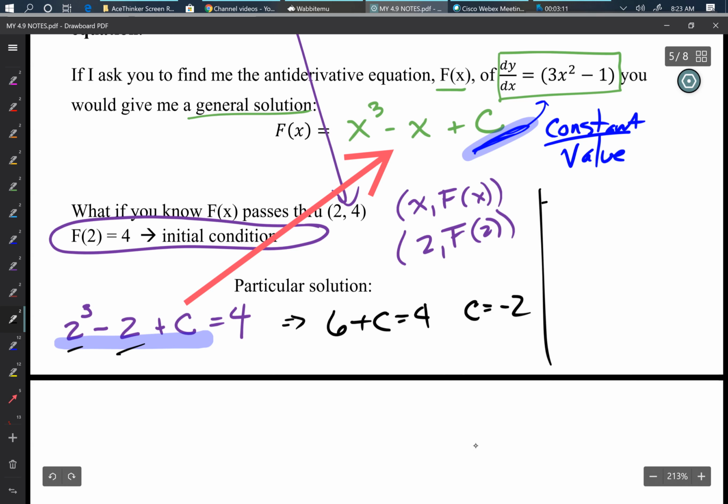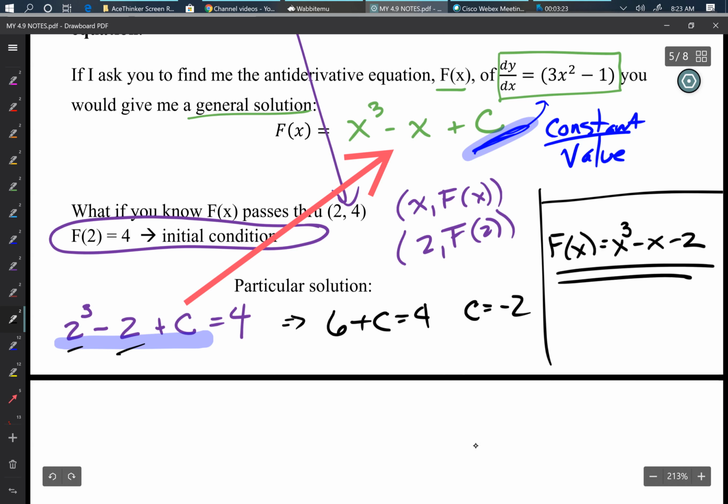If I put it all together, I say that the particular solution to this initial condition problem is f of x equals x cubed minus x minus 2. This is a function whose derivative is 3x squared minus 1 and which has the initial condition f of 2 is equal to 4.